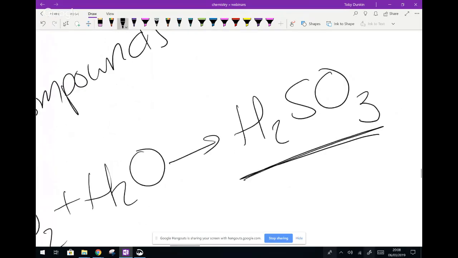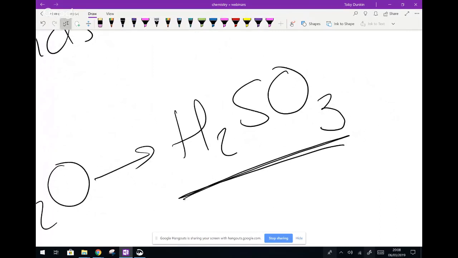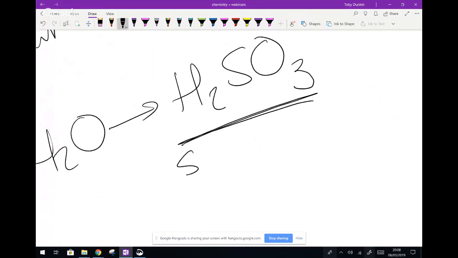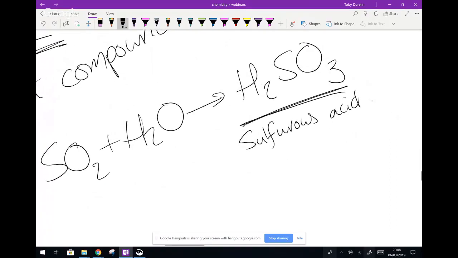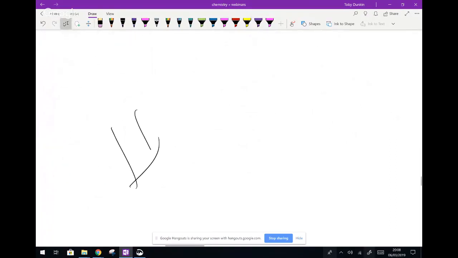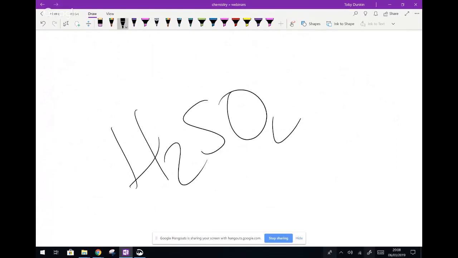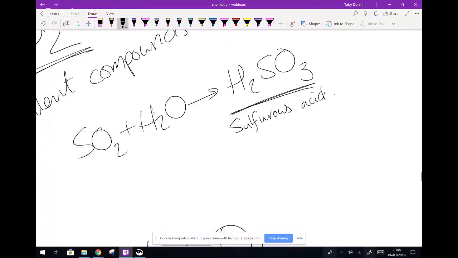Now, year 11, stress this. That is not sulfuric acid. This here is sulfurous acid. So it's not sulfuric. Sulfuric is H2SO4. Please note that. Sulfurous is H2SO3.